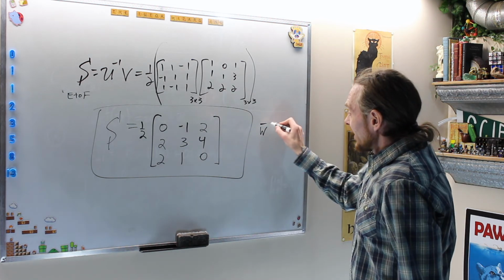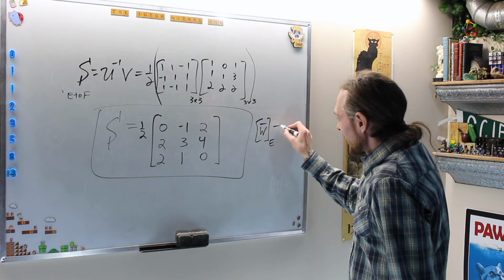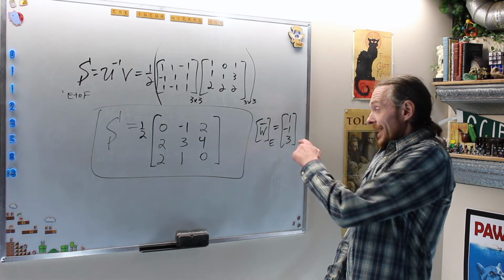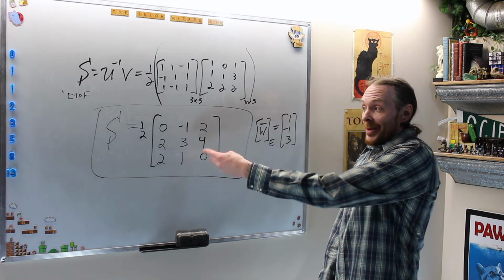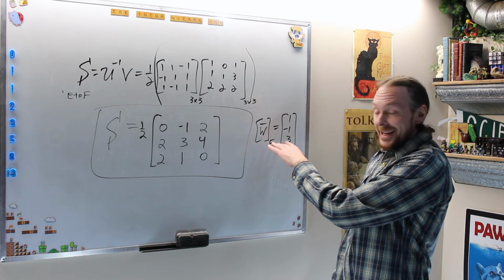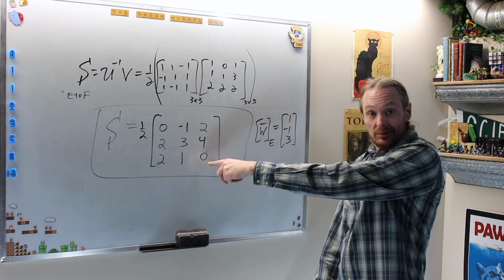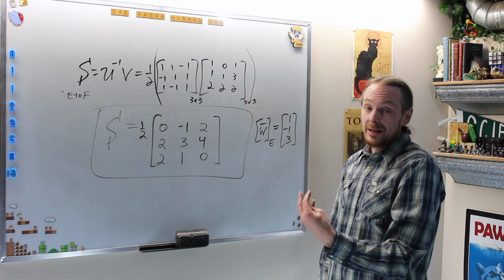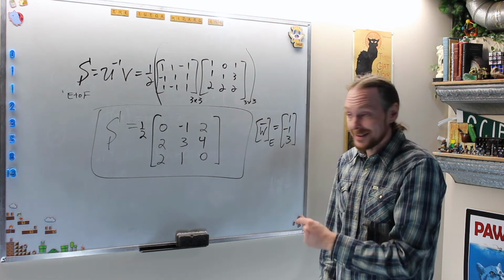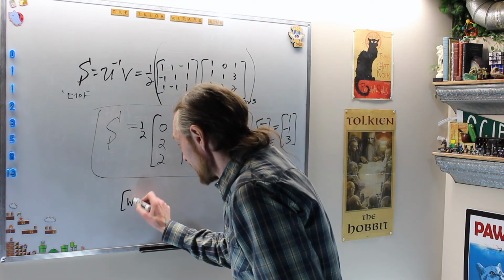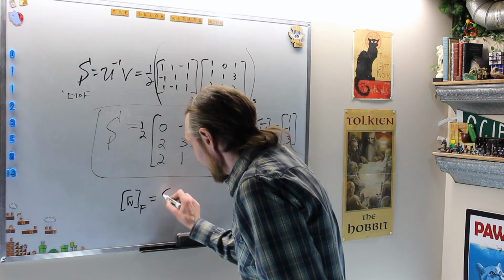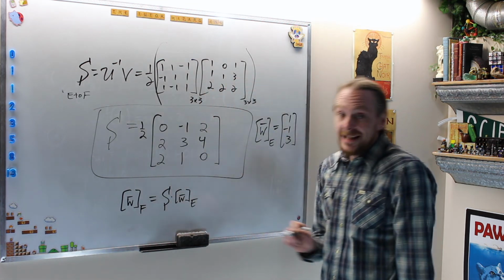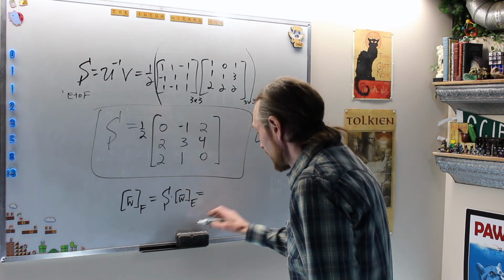And then the last thing I think they wanted from us was W with respect to basis E was 1, minus 1, 3. And it wants you to write this vector with respect to the new basis F. What I do is I hit this vector with this transition matrix, and it will give me the coordinates of W with respect to the basis F. So W with respect to the basis F is S multiplied by W with respect to the basis E, which now I can multiply.